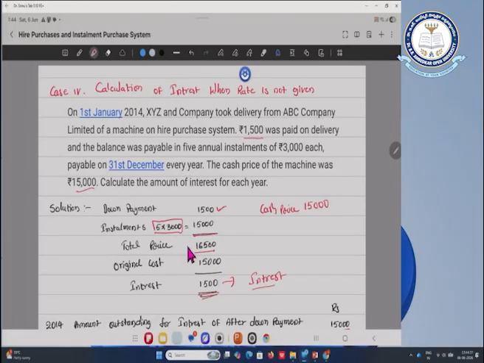Total down payment plus total installments, you will get the total price. Is it clear? After the total price, you deduct the original cost 15,000 rupees. You will get the difference amount, that is 1,500 rupees only. So, this 1,500 is the total interest for all the years.